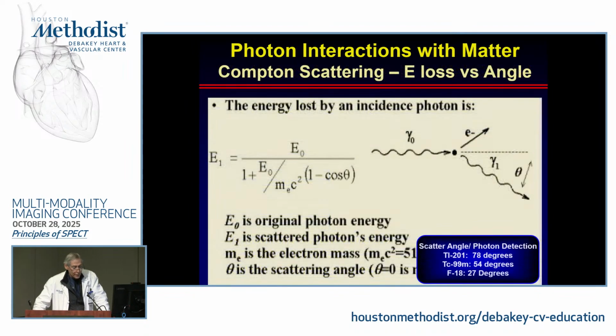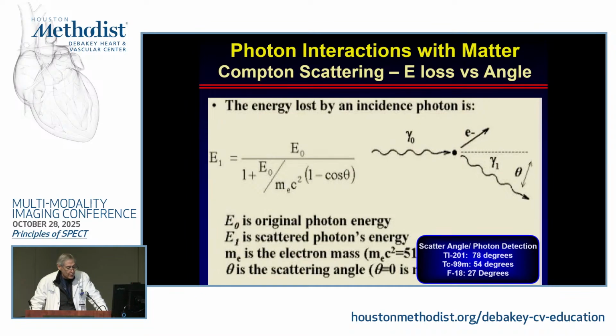The other kind of factors we have with SPECT imaging is called Compton scattering, and this is when an incident photon comes in and it hits tissue, and instead of being completely absorbed, it bounces and it scatters in another direction, and it can bounce and scatter in multiple directions, and that leads to terrible reduction in spatial resolution, because if it originates here and it's finally absorbed here, you can see that's going to really degrade your image quality.